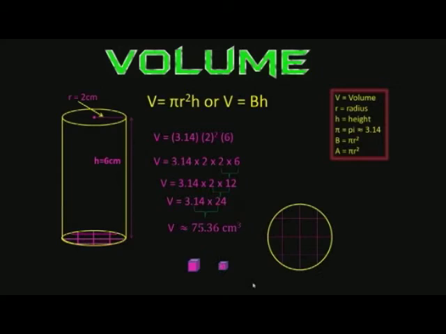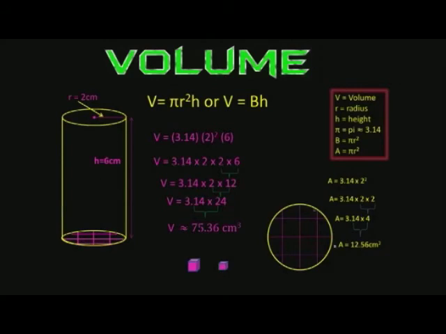I wanted to show you the relationship between area and volume. As you can see, the formula for area of a circle is pi r squared, and that's the majority of this volume formula. The only extra thing we have is that third dimension of height. You can see here I went ahead and worked out the area of the base. This is as if we were looking at this cylinder from the top or from underneath from the bottom.